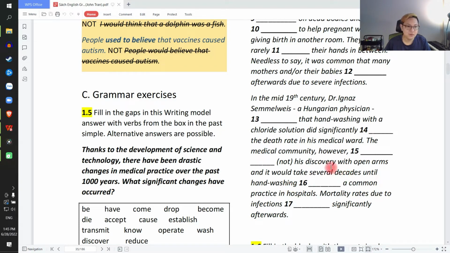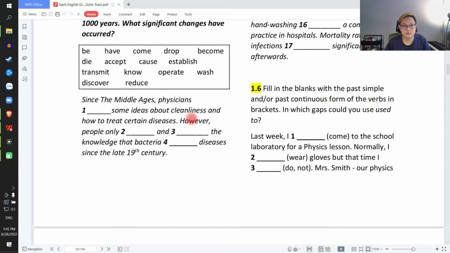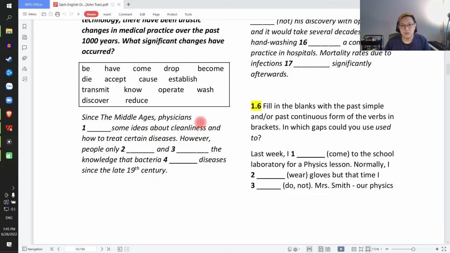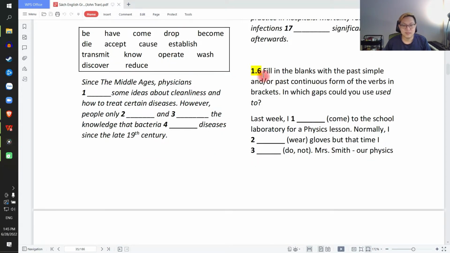Okay, so now let's move on. Exercise 1.6. You have to fill in the blanks with the past simple and/or past continuous forms of the verbs in brackets.